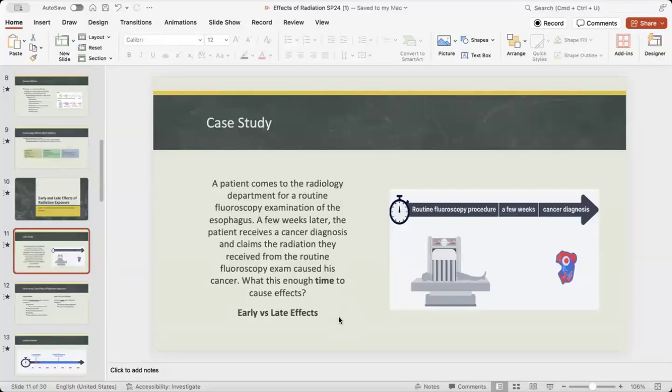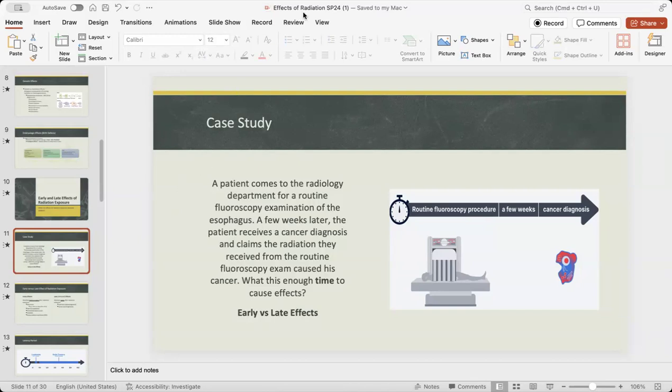No, it was too short of a time. Okay. Yeah, I would tend to agree with you on that. Like I said, we know there's a chance that something can happen. But usually if something is going to happen, it's not going to happen within a few weeks of having an exposure, especially not with x-rays, because our x-rays are more low dose.